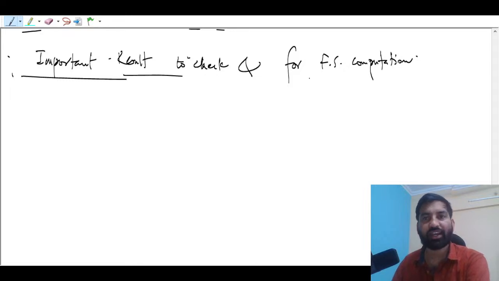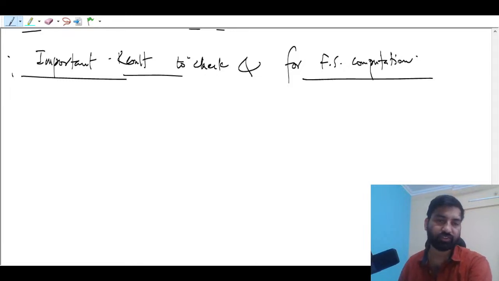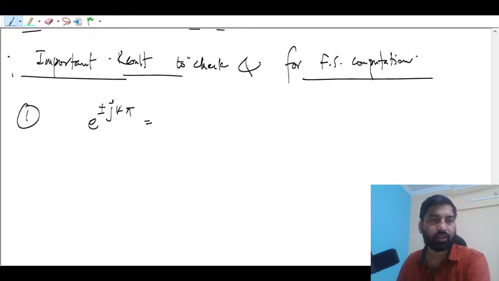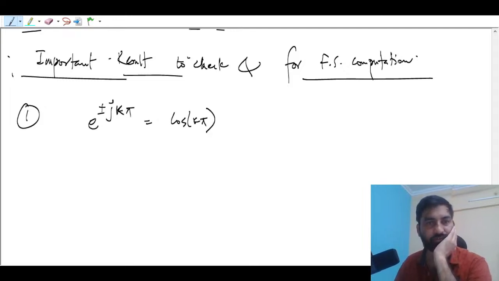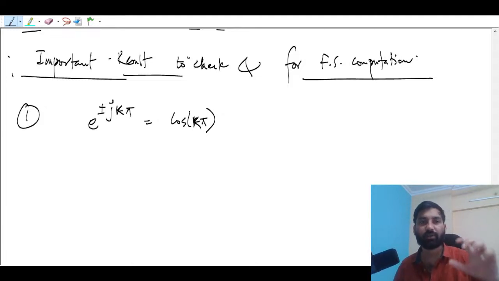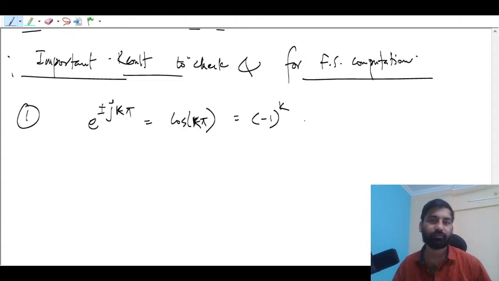Important results to check for Fourier series coefficients. Suppose we have got e raised to power plus minus j k pi, right? Plus minus j k pi. So what is the result here, guys? The result is going to be cos k pi only. Please do remember this. e raised to power plus minus j k pi is equal to cos k pi, and cos k pi can be written as minus 1 to the power k.